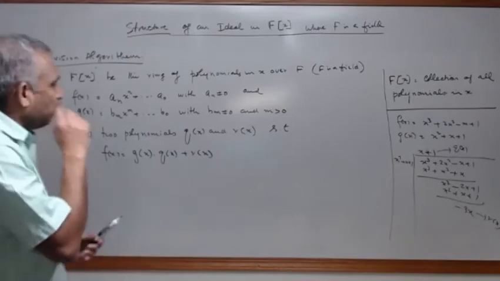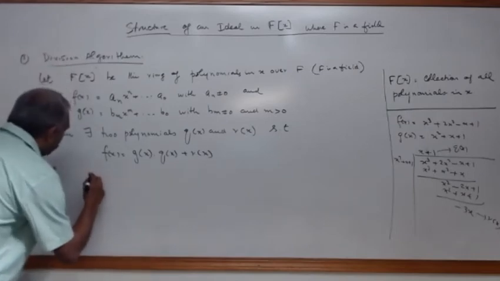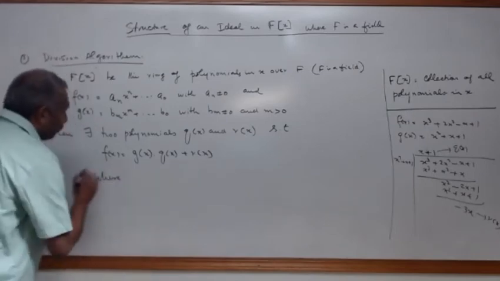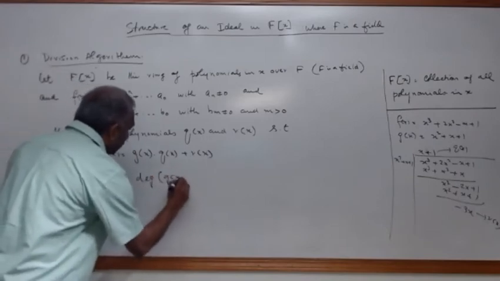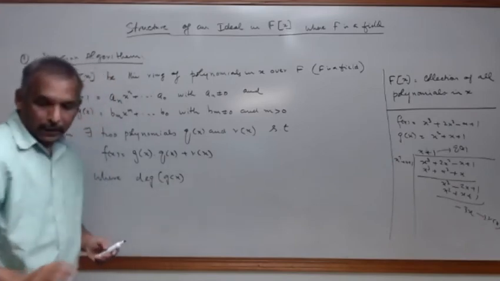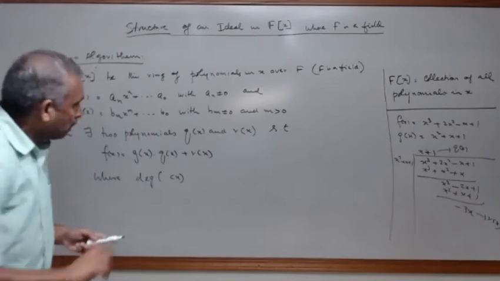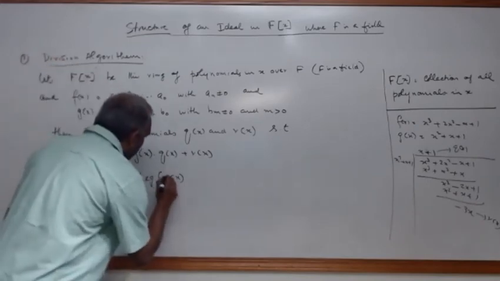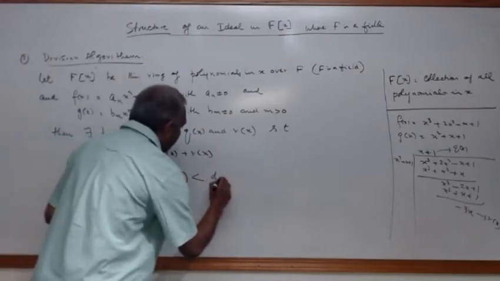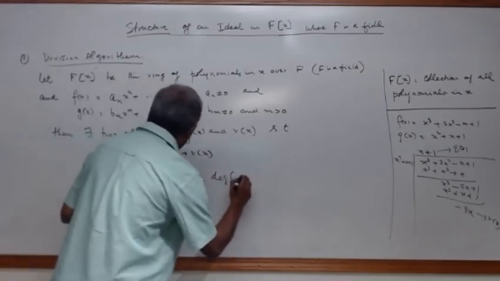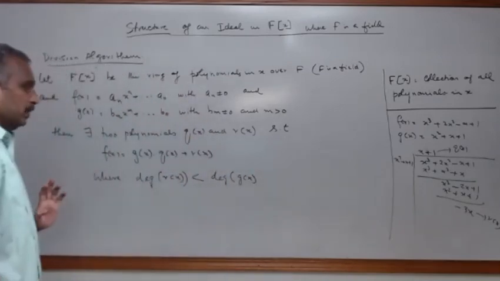Here, one more thing we want to notice is that the degree of r of x is strictly less than the degree of g of x, if r of x is different from 0.